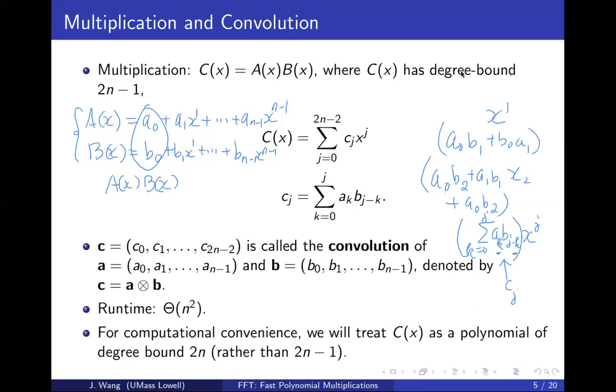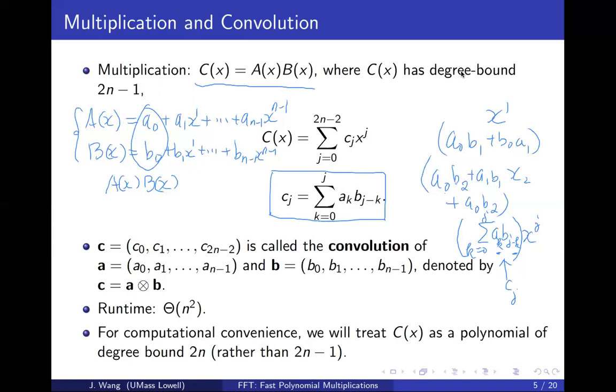So the outcome Cx is the product of Ax and Bx, and Cj is in this form. This form is called a convolution of two vectors.